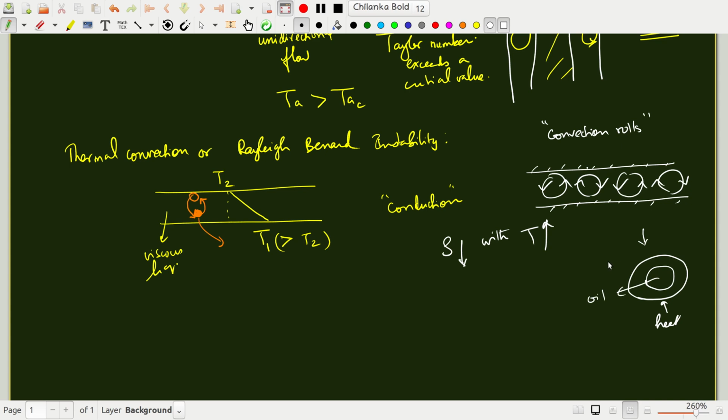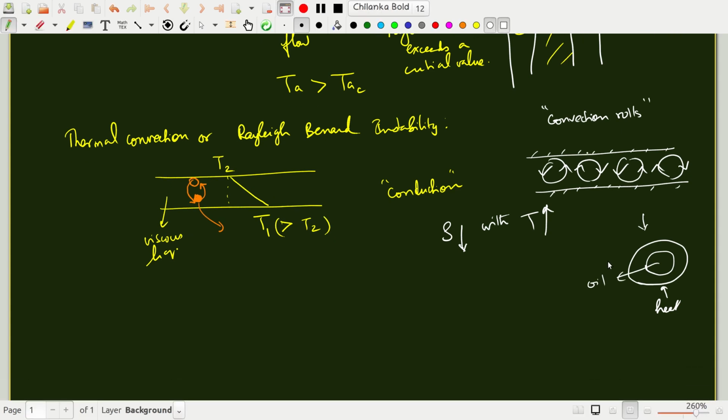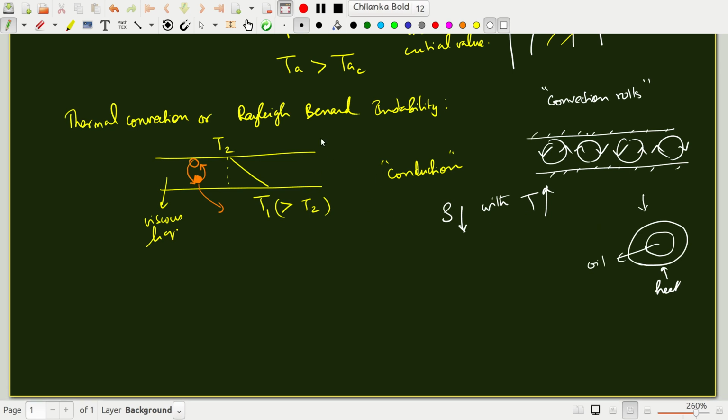That is also an example of convection rolls. So here also there is an instability that takes the flow from this conduction base state to this state. This is the state of convection rolls.